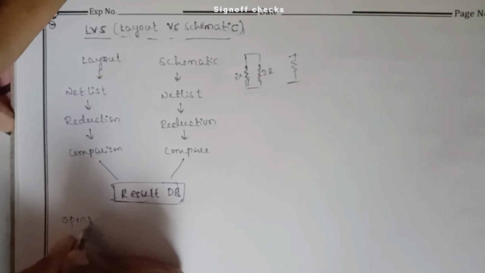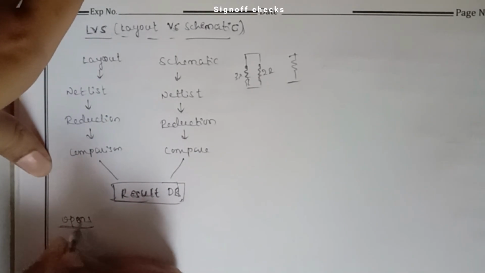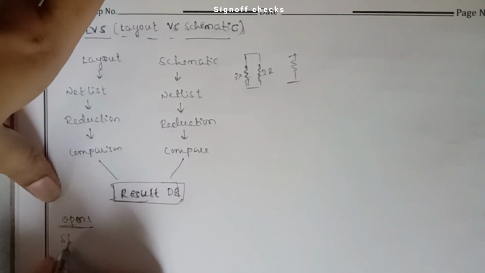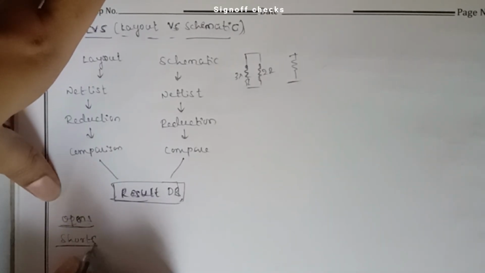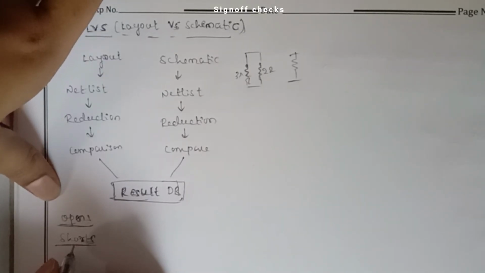Opens: whatever connection we didn't make, those opens it will show. Shorts: if anything is shorted between two metals which is not correct according to the schematic connection.